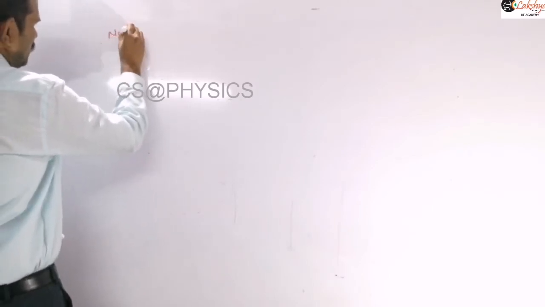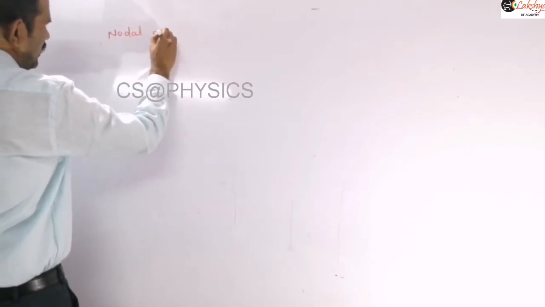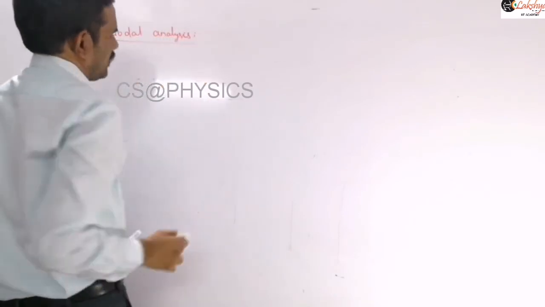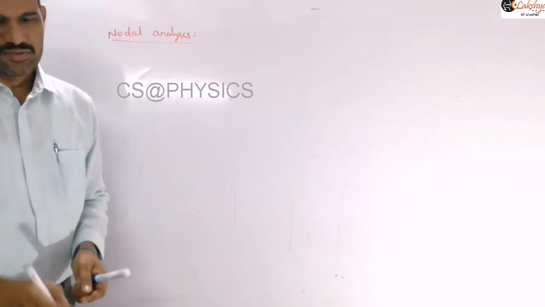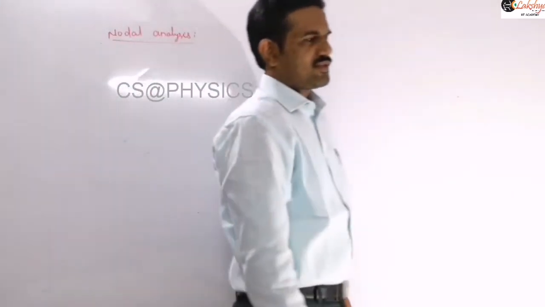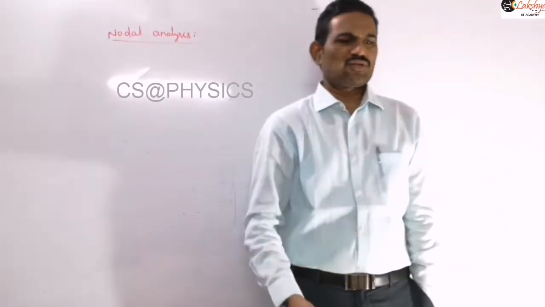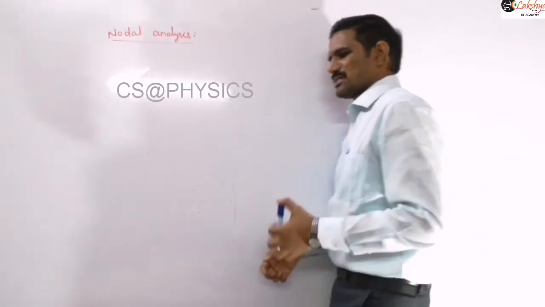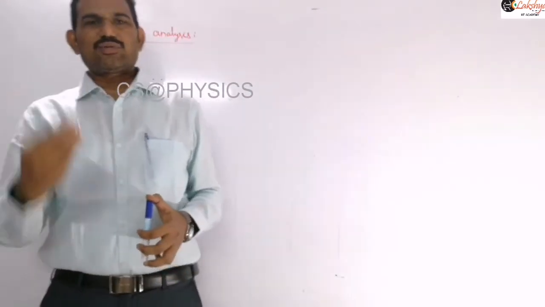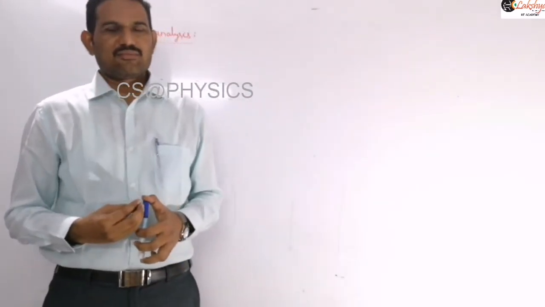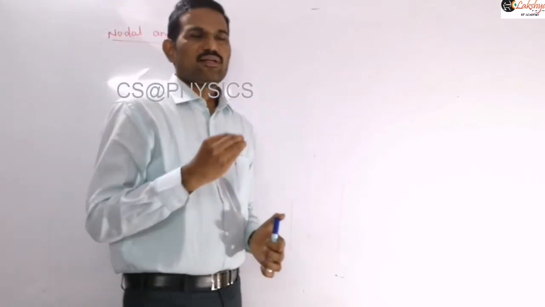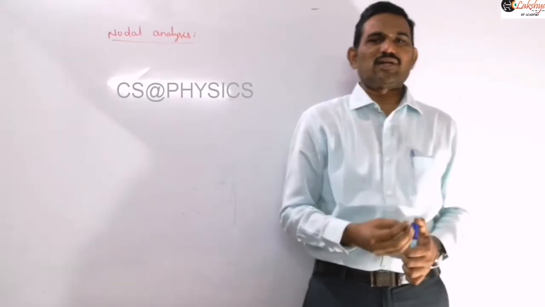Nodal analysis for these capacitive circuits. Again, our procedure is the same as that of our resistive circuits. First we need to take one of the nodes as a reference, and then with respect to that we will write the potentials of the different nodes.